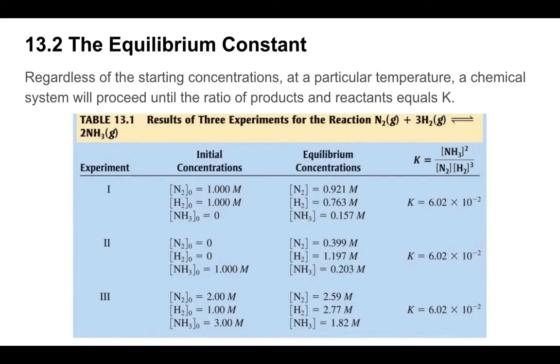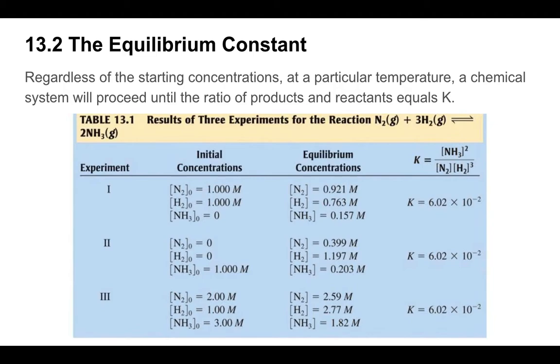Now, you can actually get to equilibrium from a number of different directions. There's an infinite number of initial concentrations you could start with, and then there could be an infinite number of equilibrium concentrations that could obey the law of mass action and equal the equilibrium constant. So to illustrate that, let's look at 3 experiments, all based on this nitrogen, hydrogen, and ammonia reaction.